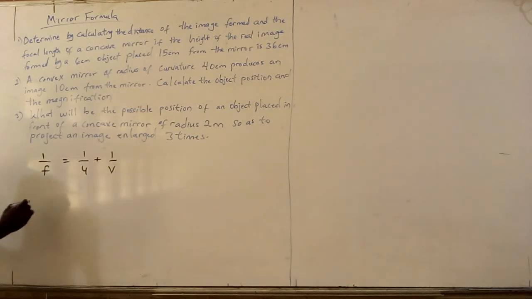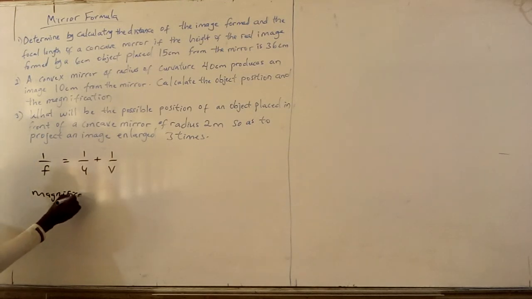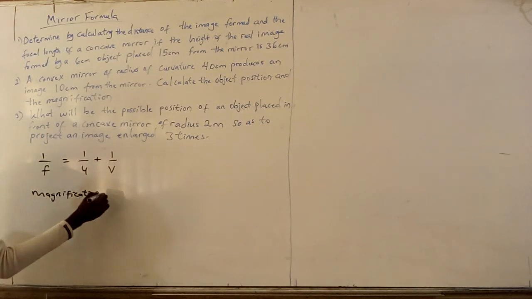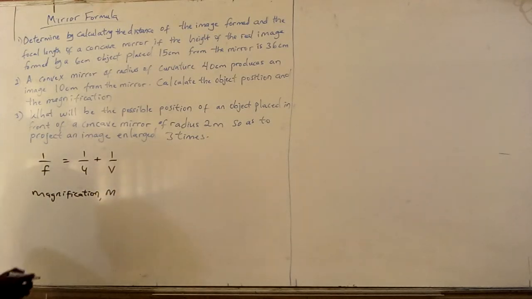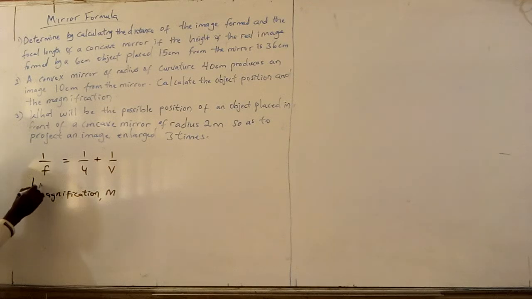Then we have what we call magnification, that's m. We call it linear magnification.